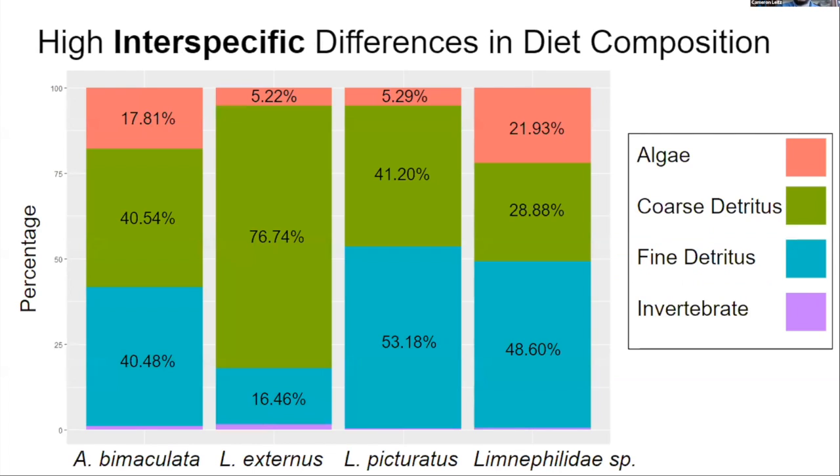And then here's another graph to emphasize the high interspecific differences. We can see strong differences in the percent of algae, percent of coarse detritus, and percent of fine detritus among the different caddisfly species.